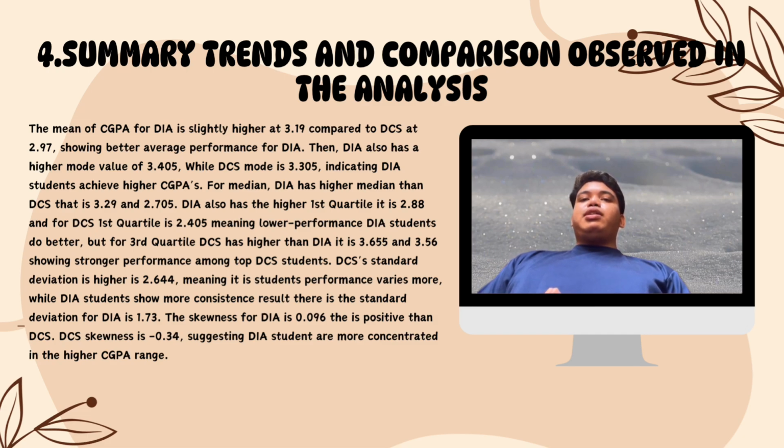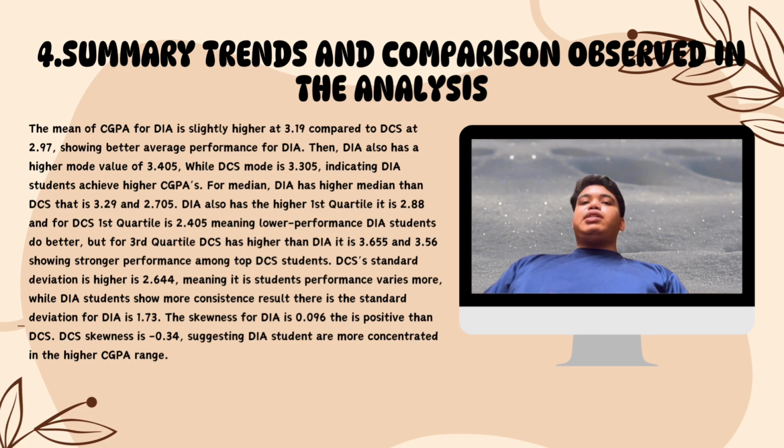But for the third quartile, DCS is higher than DIA, it is 3.655 and 3.56, showing stronger performance among top DCS students. DCS standard deviation is higher, which is 2.644, meaning student performance varies greatly, while DIA students show more consistent results.